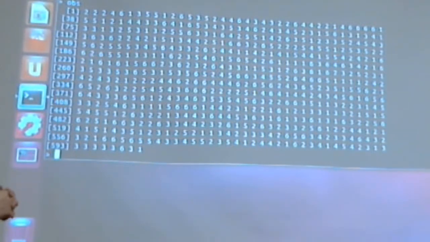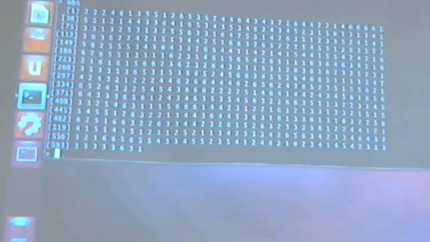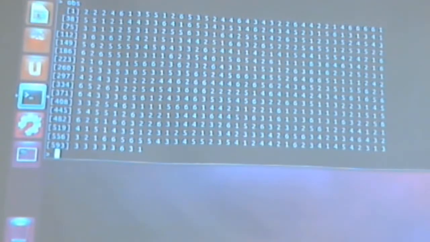Wow. The die is crooked. So there's our observed frequencies, right? And of course we table them right away.